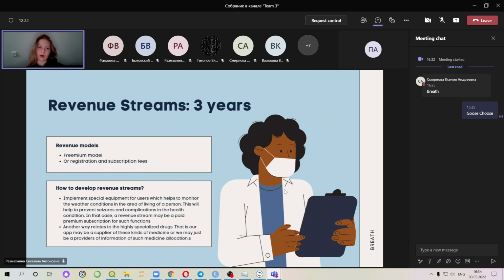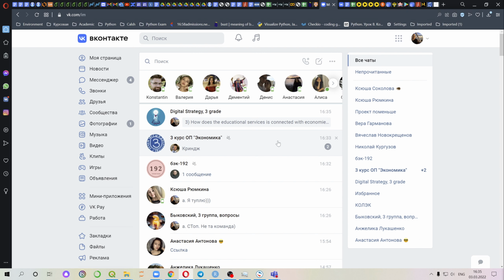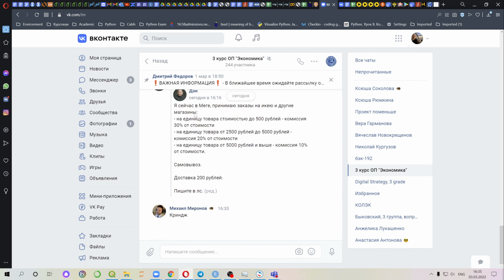So, talking about the revenue streams from a long-term perspective, we may talk about revenue models. For example, we may name two of them which are possible in our case. The first one is the freemium model. Under this, there will be a free version with partial functions and limited educational content available for users.